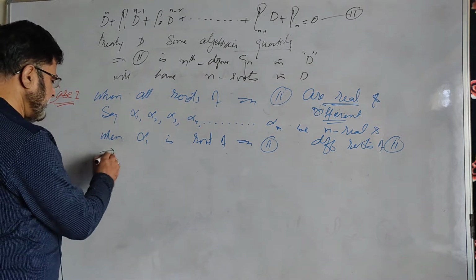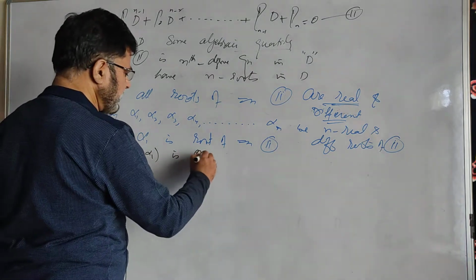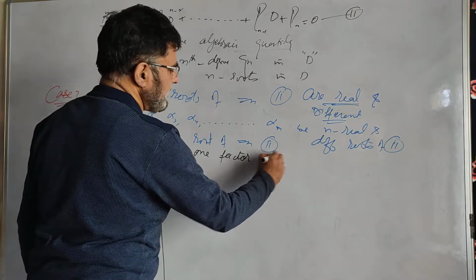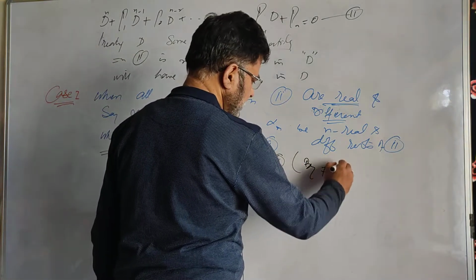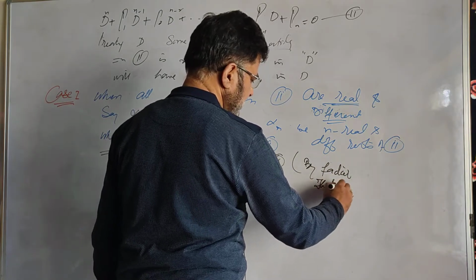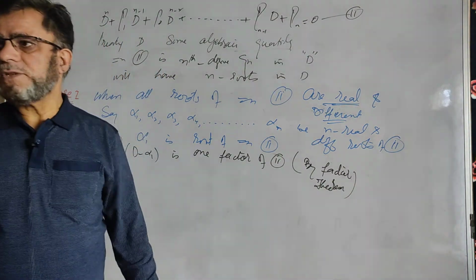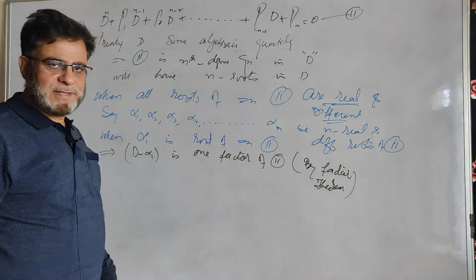Alpha 1 is the root of equation second. This implies that D minus alpha 1 is one factor of second. This is by the factor theorem. I am giving you the information also. You might have done this in your theory of equations. When D equals alpha 1 is a root, D minus alpha 1 is a factor.